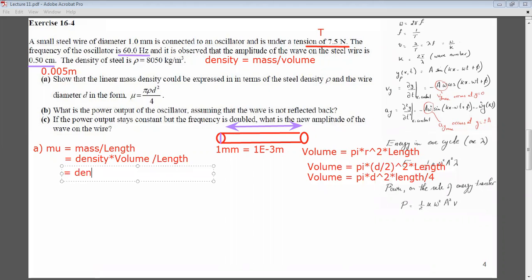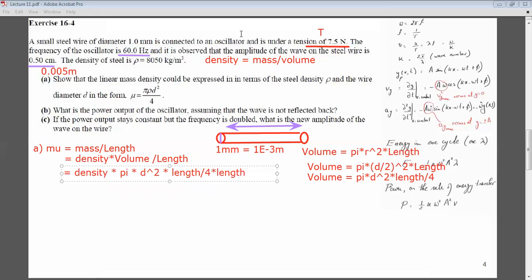So this is equal to density times the volume, which is pi times d squared times length divided by 4, and divided by length, right? Because here I have divided by length. So it is 4 times the length.